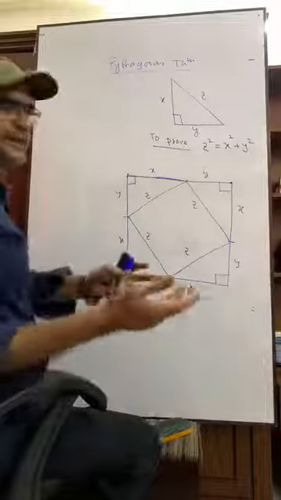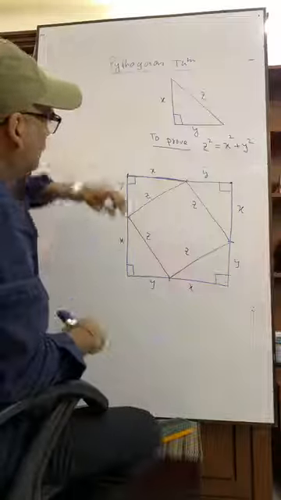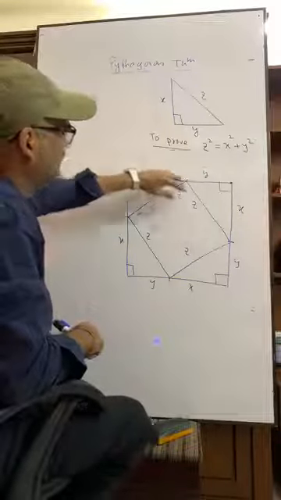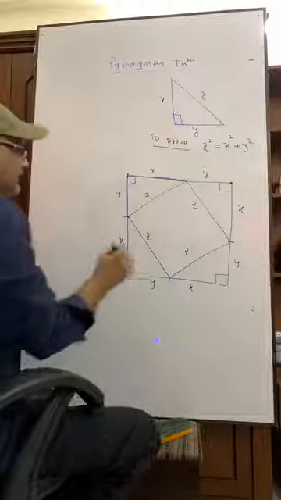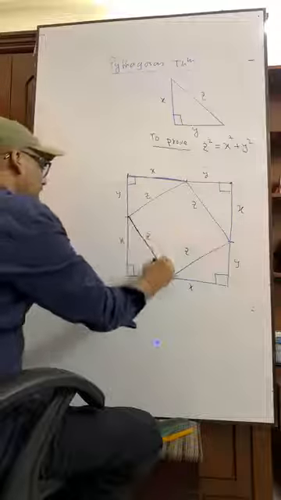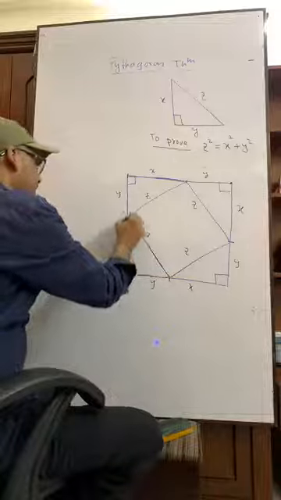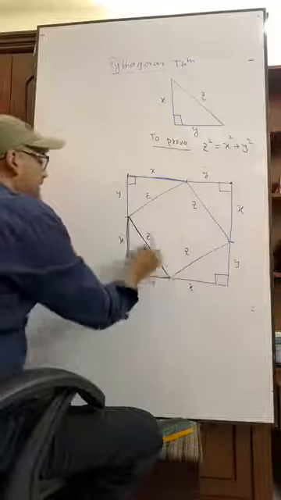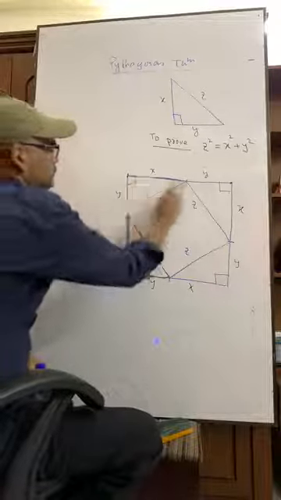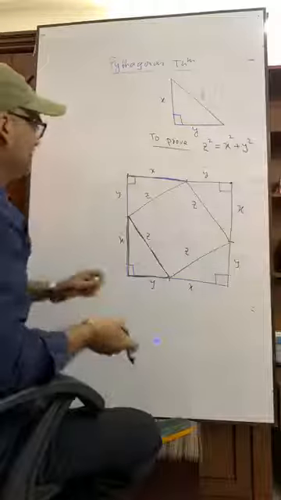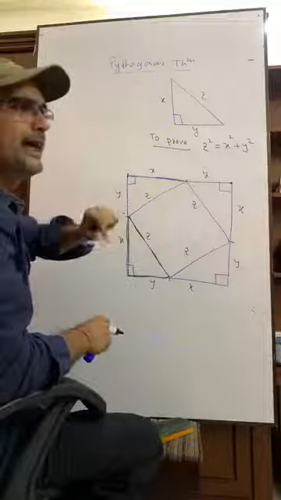Now, what is seen here? We have got a right angle triangle here, here, here, and here. They are right angle triangles, 1, 2, 3, 4, and their base and height are x and y.